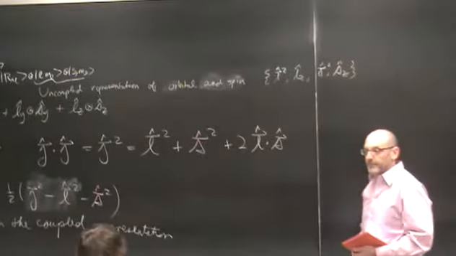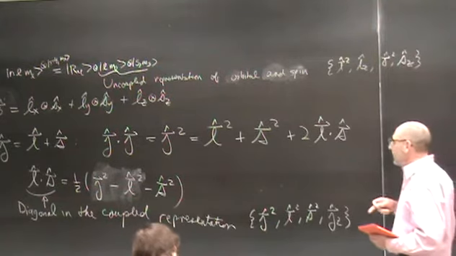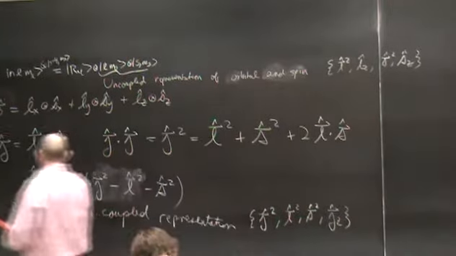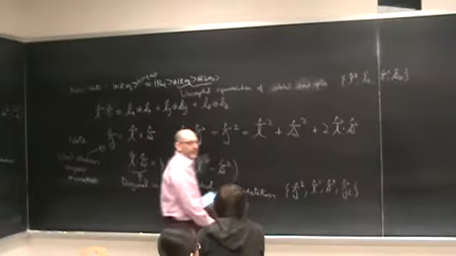The coupled representation are simultaneous eigenstates of the total angular momentum magnitude squared, and then the individual L squared and S squared, and Jz. So this operator commutes with all these guys, right?